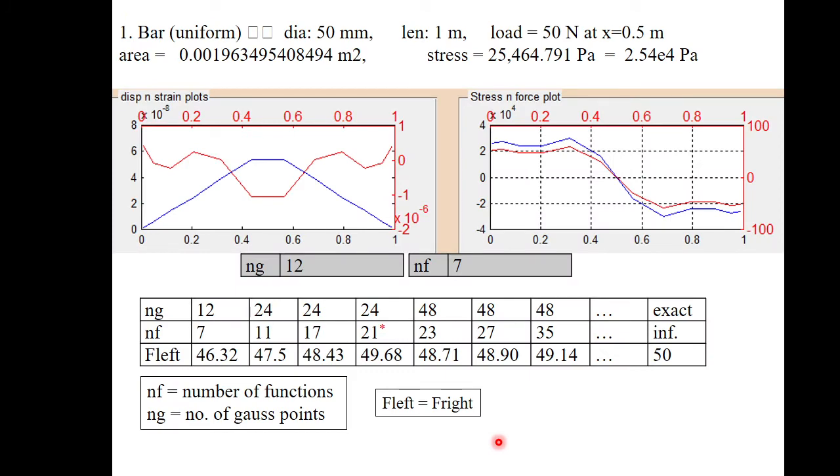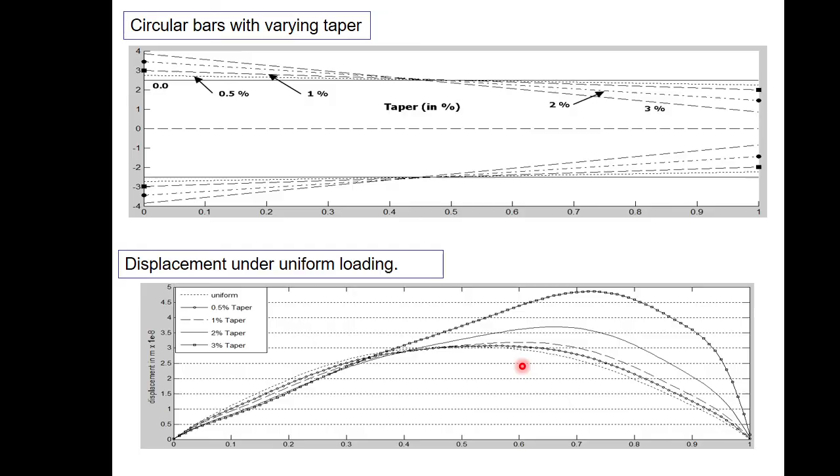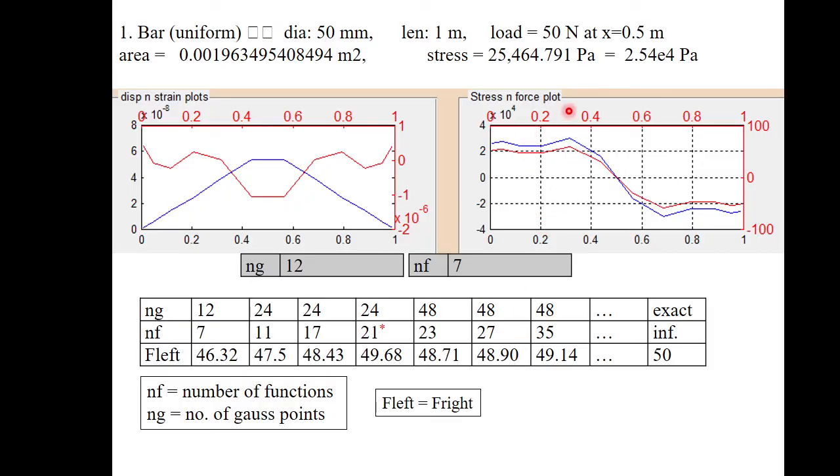And this is another case. This is for uniform loading. Yes, sir. These results are for point loading, 50 Newton at midpoint. So this is a case of point loading. This is the stress, this is the displacement plot, with 12 and 7 number of functions.